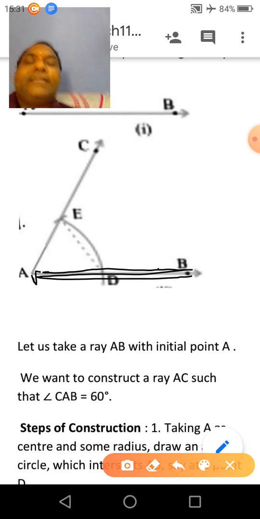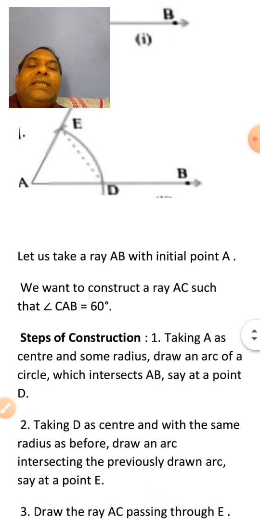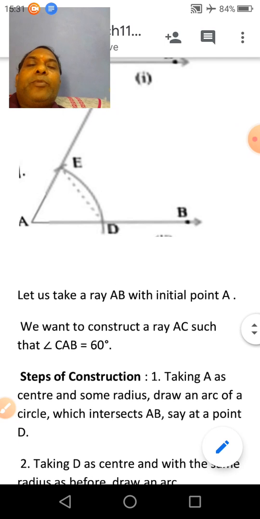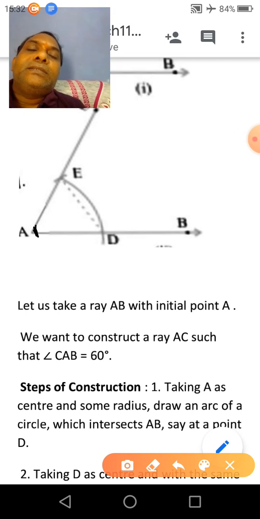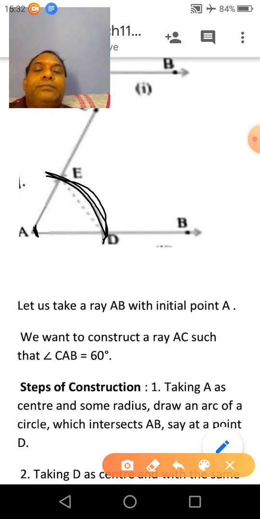Taking A as center and some radius, draw an arc of a circle which intersects AB at a point D. Clear?